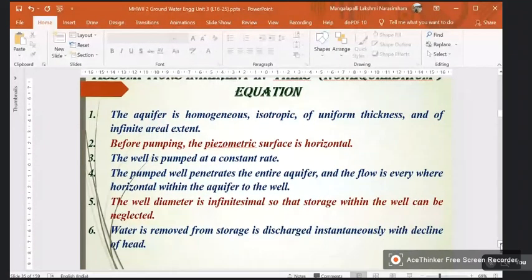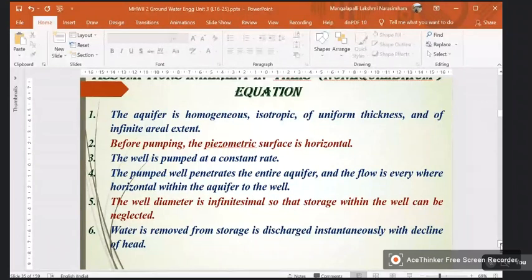So the first one is the aquifer is homogeneous, isotropic, of uniform thickness and of infinite areal extent. That means the soil properties of the aquifer, that is, the coefficient of permeability, are to be the same in all directions.